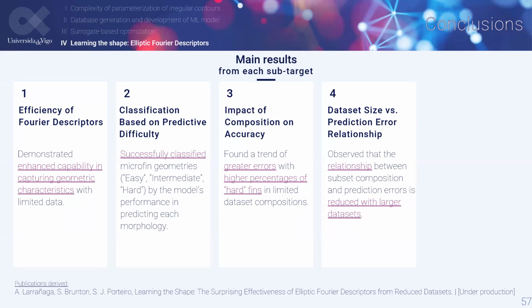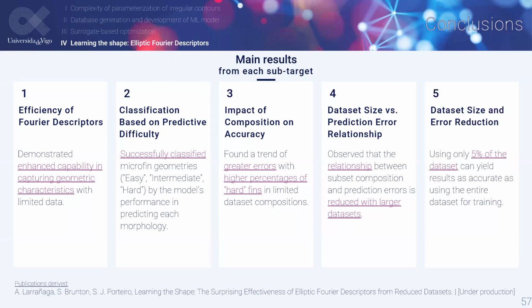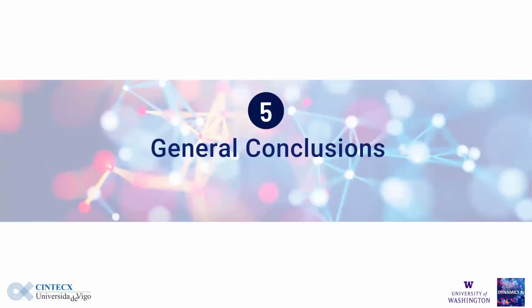Also, there's a relationship between the composition of the data set and how big your training sample is. And we show that with elliptic Fourier descriptors, 1 to 5% of our entire database is good enough to have a model that shows as good an error as a model trained with the entire database.